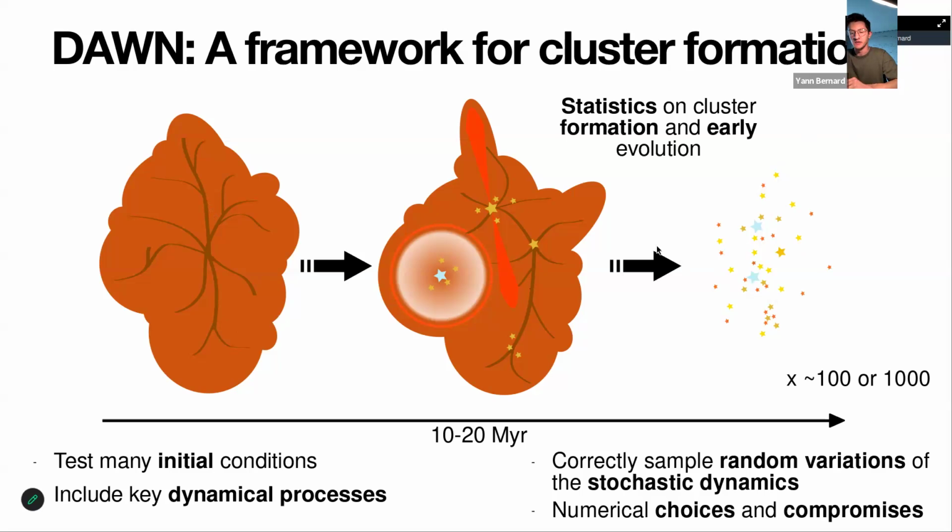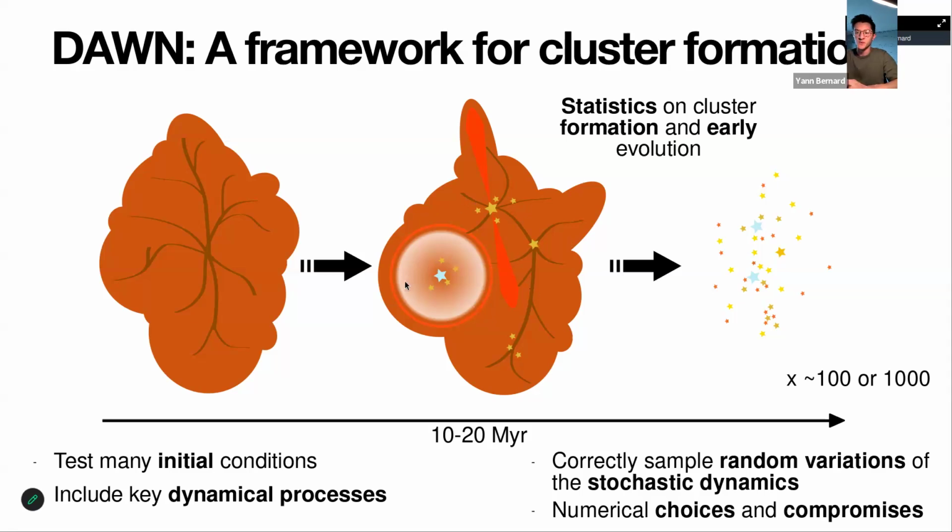The goal is to test many initial conditions and include as many dynamical processes as we can think of during this early evolution, to have a better statistical view and correctly sample the random variations due to the stochasticity of these dynamics.